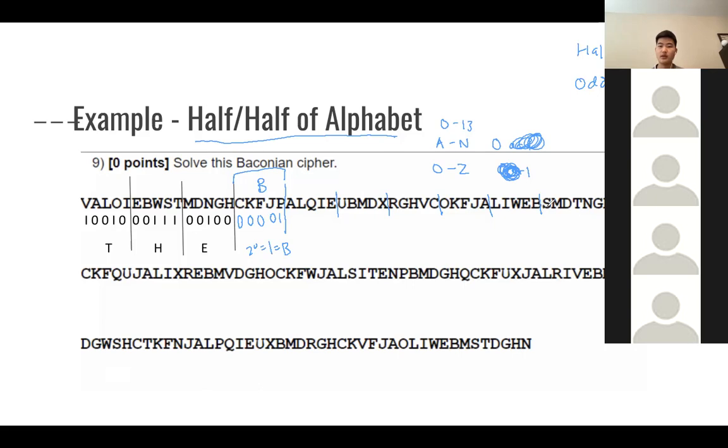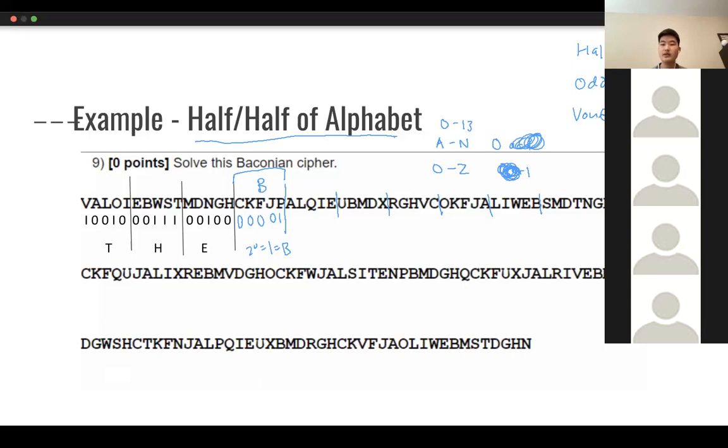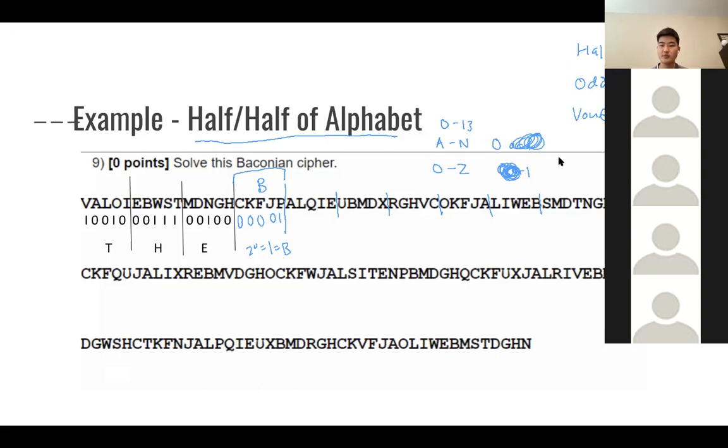That's what I mean by odd and even. They could do vowels and consonants. And all of these, I'm talking about how they will split 0 and 1. There's some very weird stuff that they could do, but these are generally the top 3.